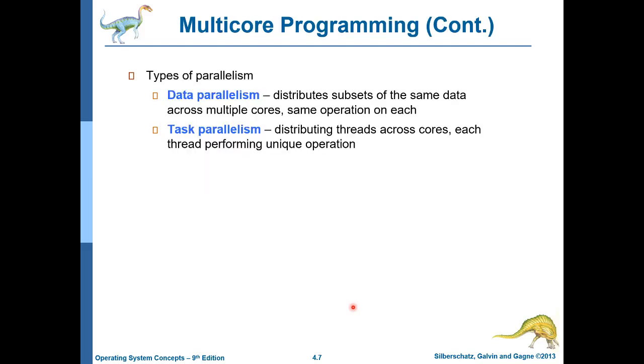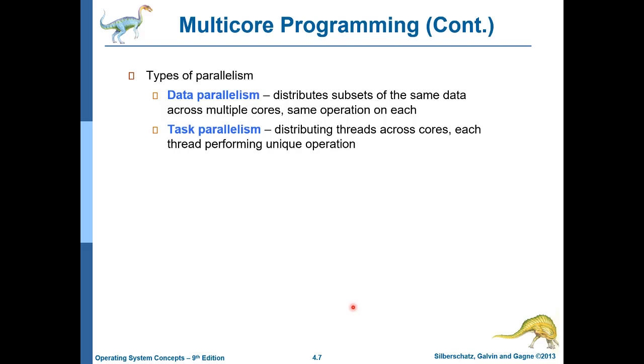So the types of parallelism we normally see when we want to parallelize our code, which means that things can be executed on more than one processor at the same time. One type is data parallelism, and the other one is task parallelism. Data parallelism means that we distribute the data.